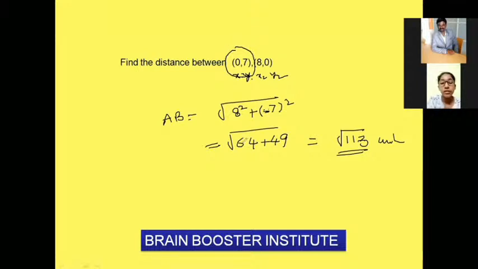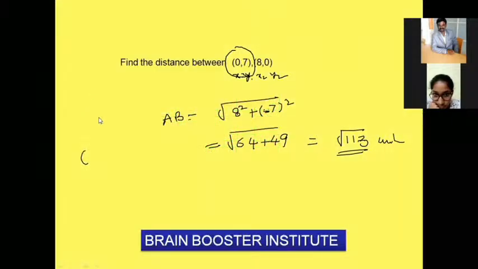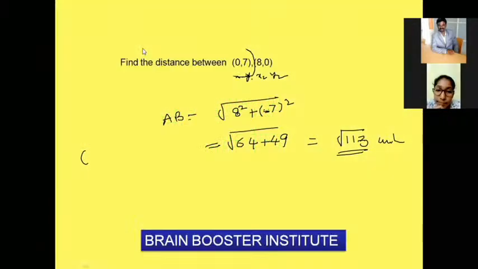Whenever there is a need of finding the distance between the points A comma 0 and B comma 0, okay?